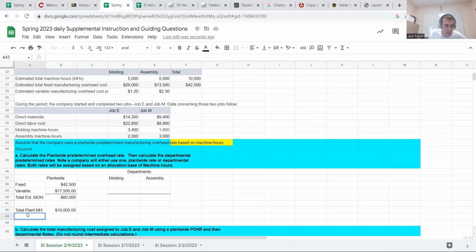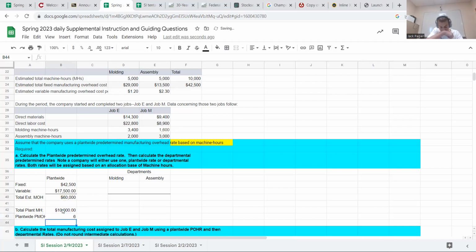So now that we have the total plant-wide number of machine hours, we can just simply divide the two. So what we'll do here is plant-wide PMOH. Okay. And again, we'll take our total estimated overhead, which is the 60,000, and we will divide it by the 10,000 hours.